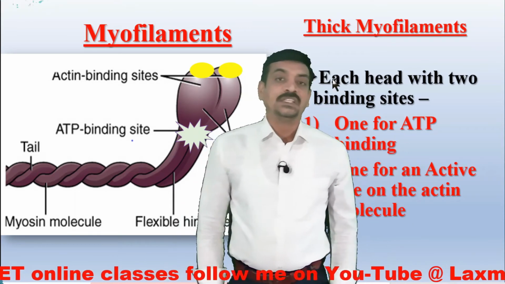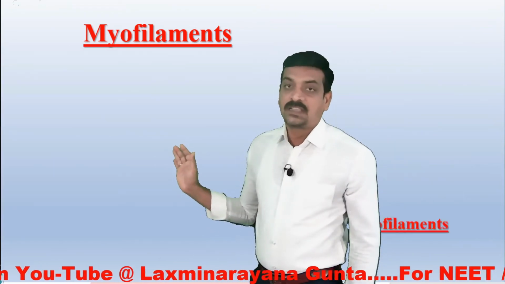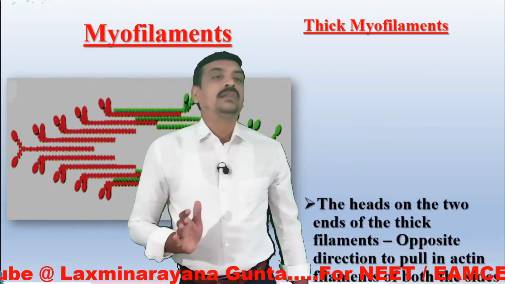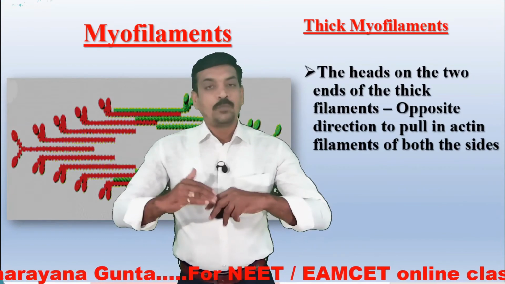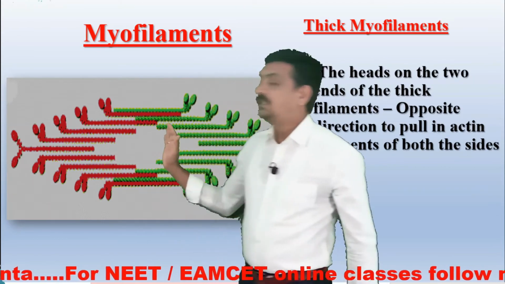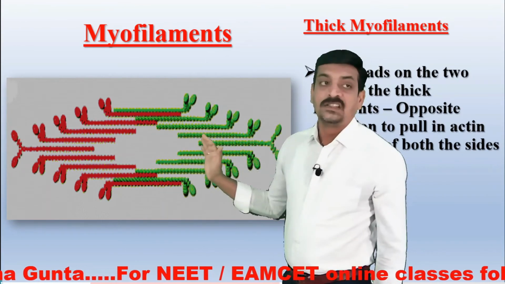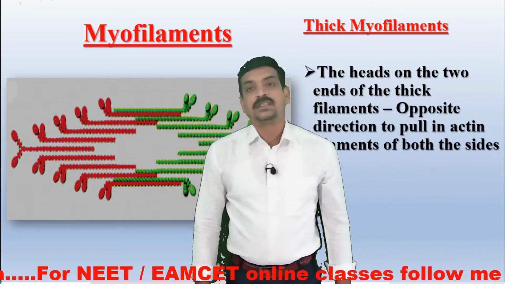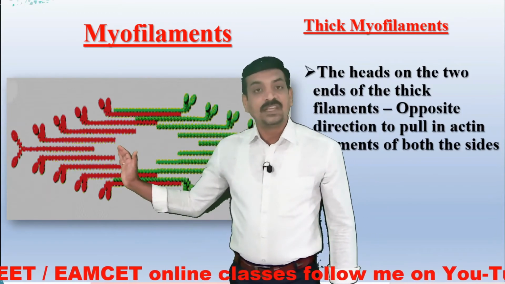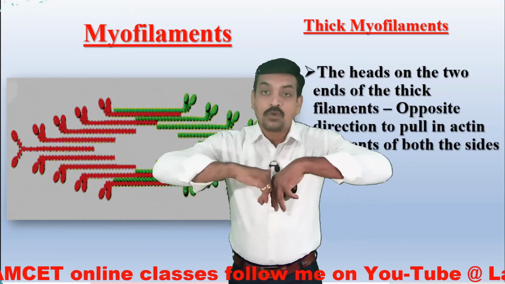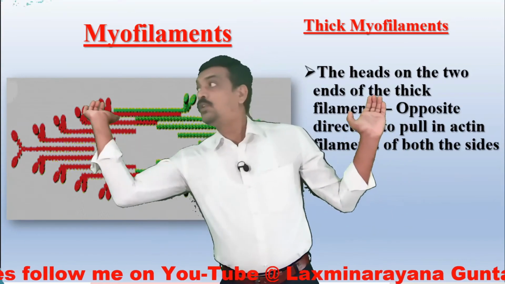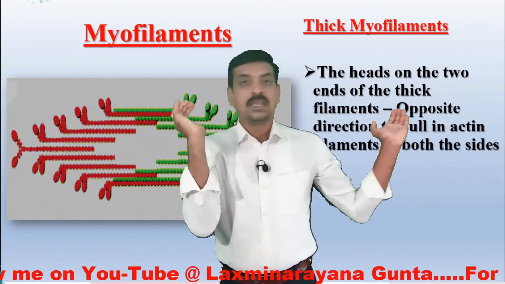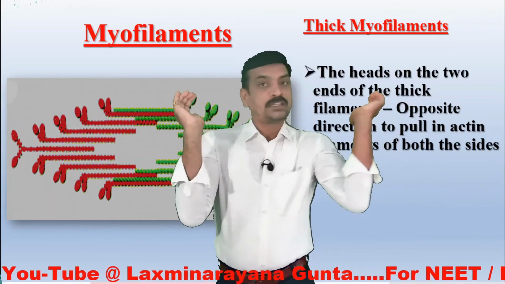These thick filaments are arranged in two opposite directions. Here you can clearly observe the heads on the two ends of the thick filaments are arranged in such a way that they are opposite in direction, because they pull half of the actins from this side and the remaining half from this side.